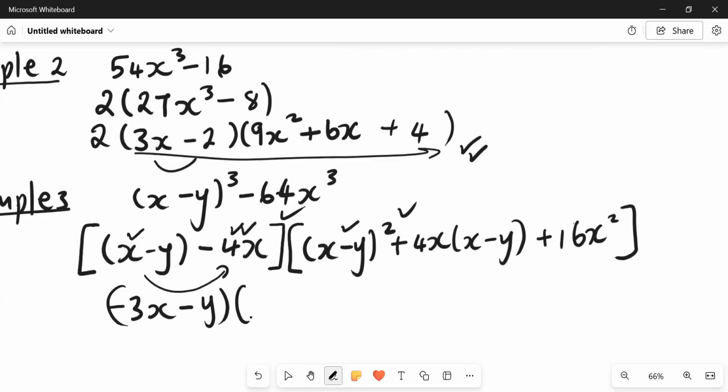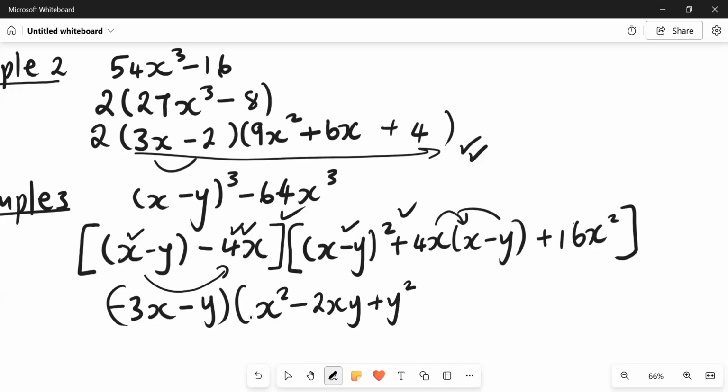factorize this. You'll have your x squared, sorry, minus 2xy plus y squared. And then from here, distribution law, remove the brackets.